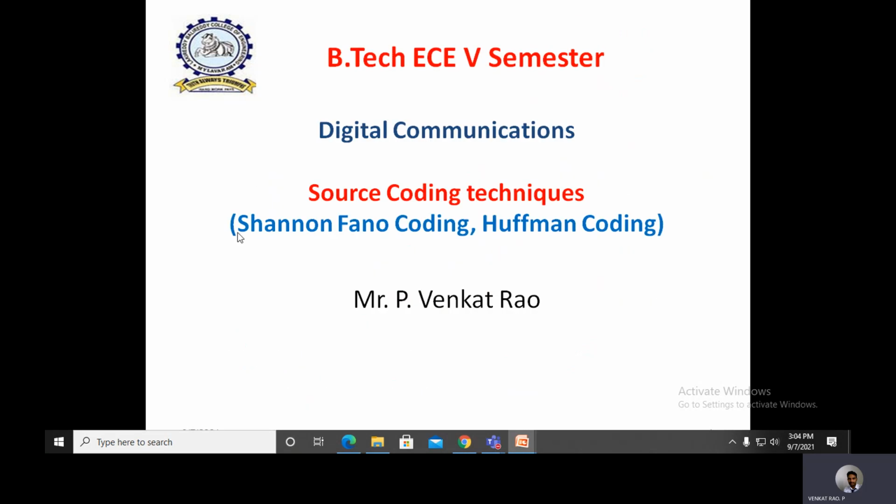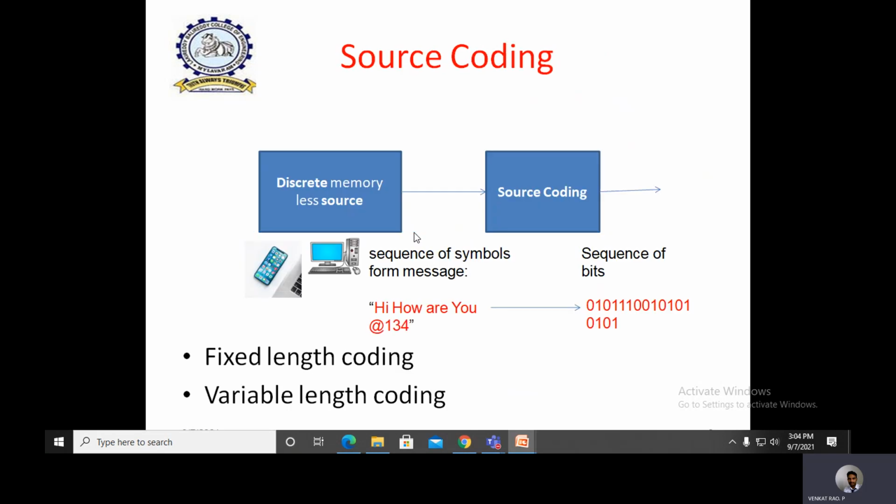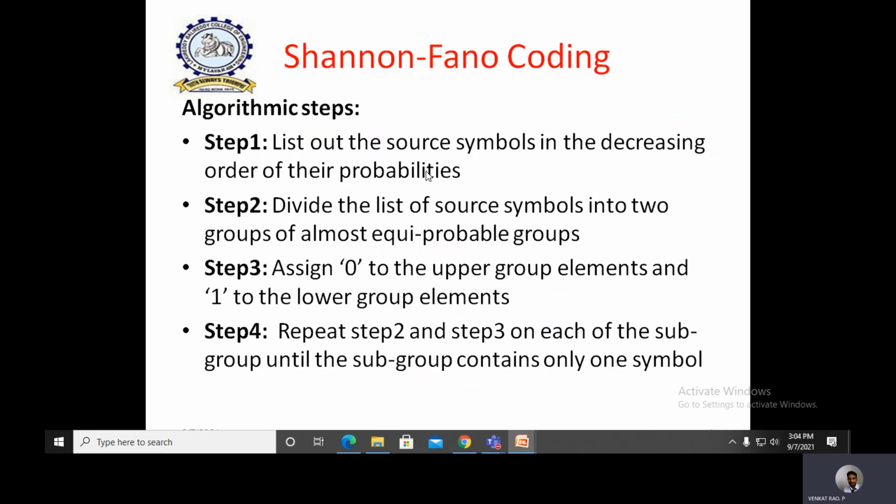In this class, we are mainly focusing on Shannon-Fano coding. What are the basic steps in Shannon-Fano coding? Step 1 is to list out the source symbols in the decreasing order of their probabilities. First I will read out these steps, then we will implement them one by one.